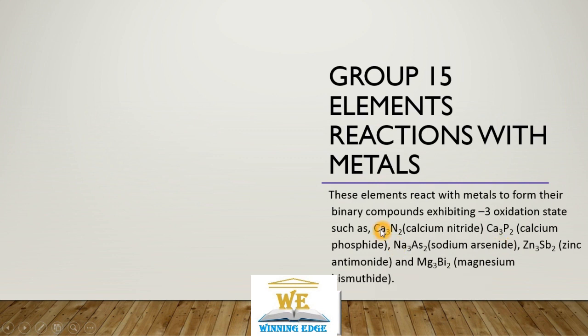Calcium makes calcium nitride, calcium phosphide, sodium arsenide, zinc antimonide, magnesium bismuthide. These are the binary compounds formed through reaction of group 15 elements with metals.